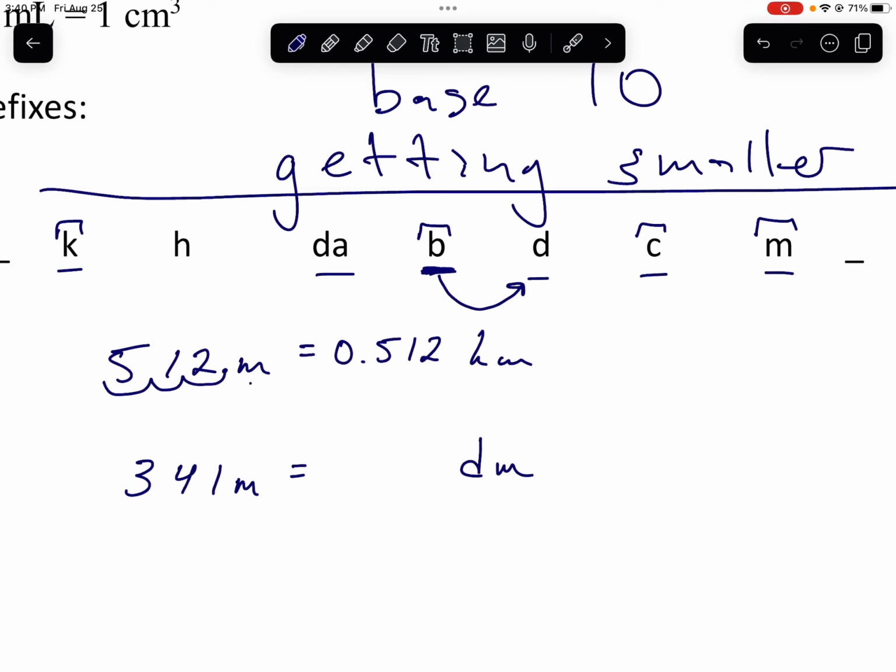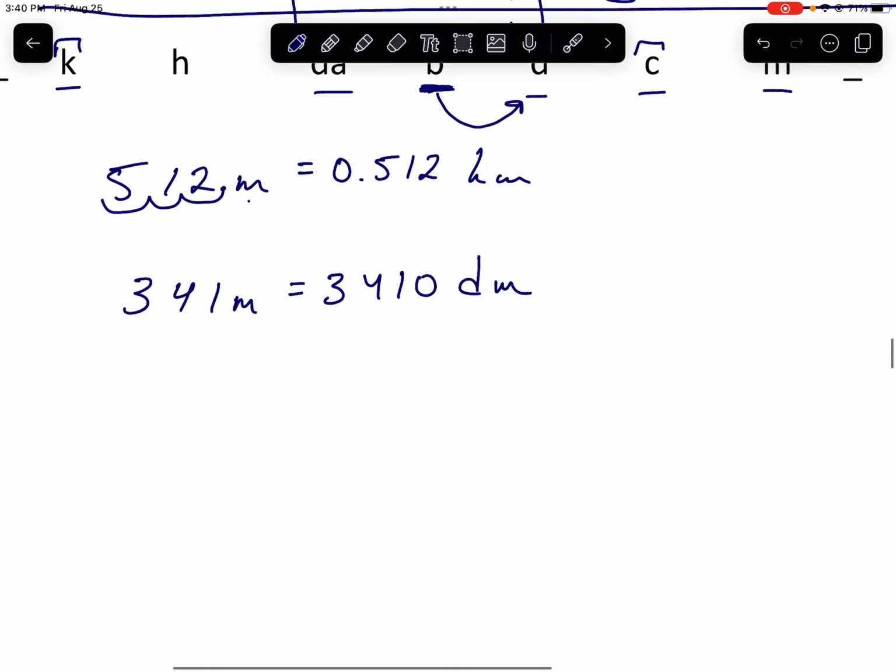So I can move my decimal just one place to the right. I'm going to have 3,410 decimeters, which is the equivalent distance to 341 meters. So we can set it up like that.